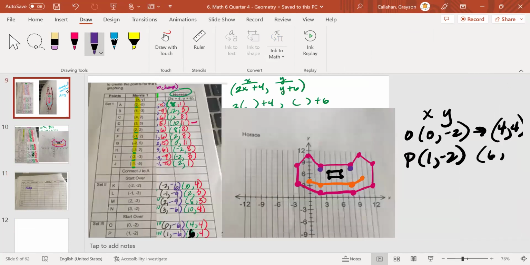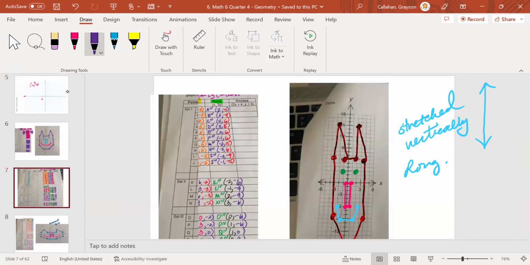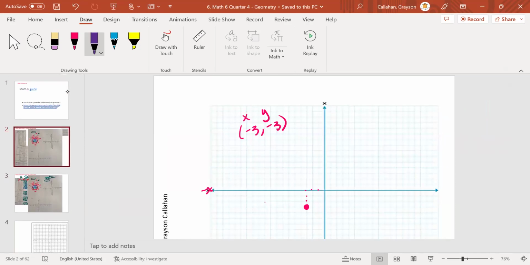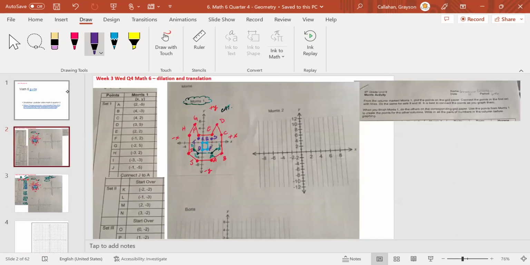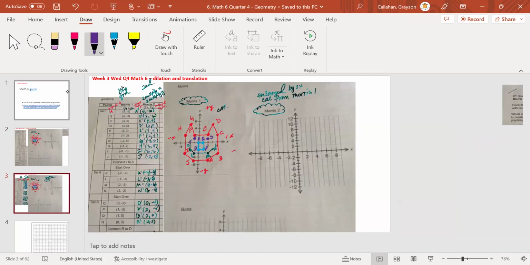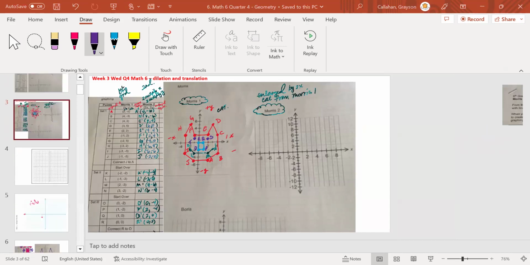Is it 3x and 3y? So Morris 3 is 3x, 3y. Boris is 3x and y.